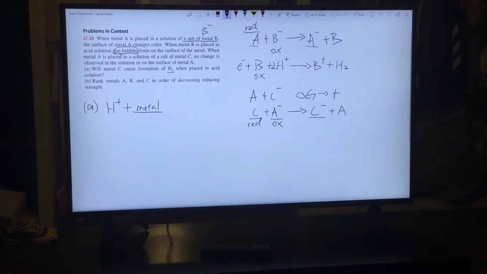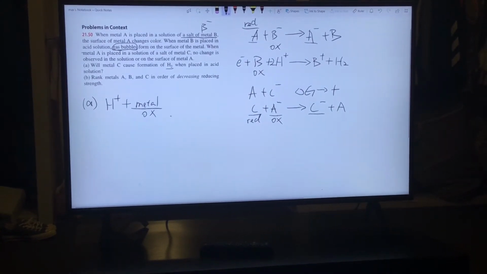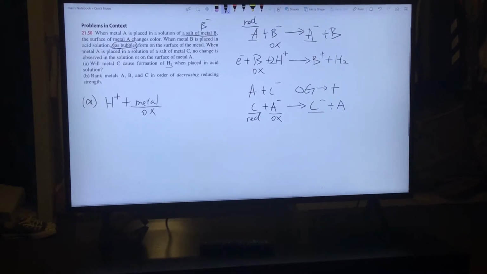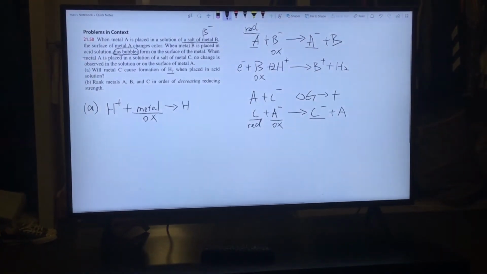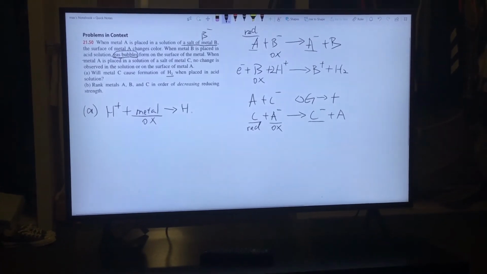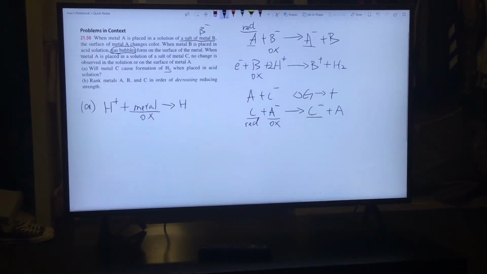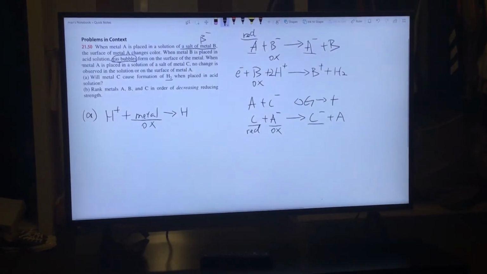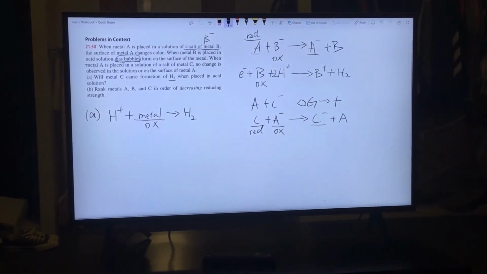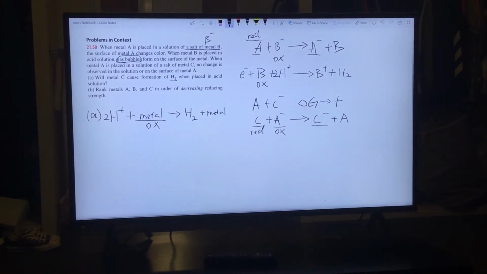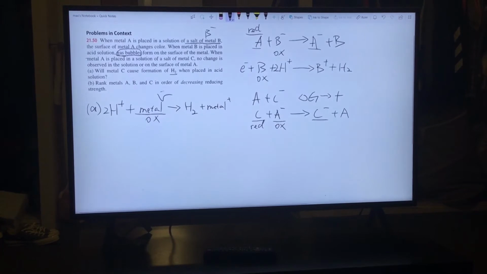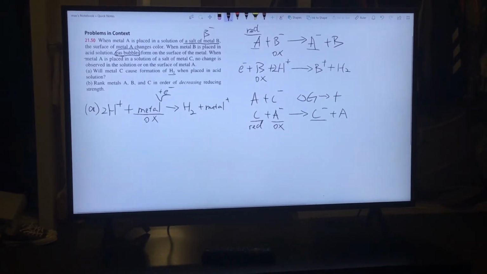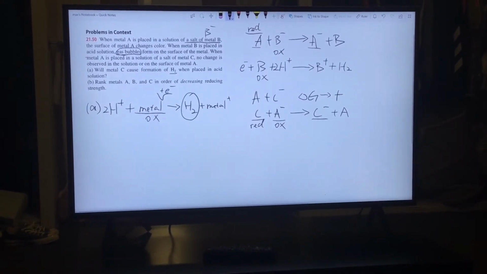So let's assume this is the oxidizing reaction, and then since this is oxidized, the H is going to gain an electron going to H, but hydrogen always appears in pairs. It can't stand alone, so it becomes H2. So let's balance the equation, and metal plus. This 2 plus, let's add another electron in there to balance the charges. You see the H2 is formed here.